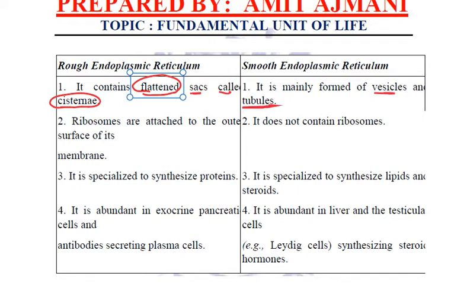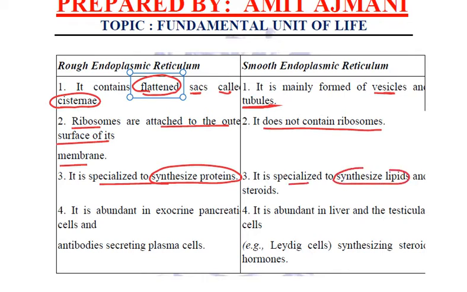In rough endoplasmic reticulum, we have ribosomes attached to the outer surface of its membrane, but SER does not contain any ribosomes. The function of RER is to synthesize proteins because of the presence of ribosomes, and the smooth endoplasmic reticulum is specialized to synthesize lipids and steroids.